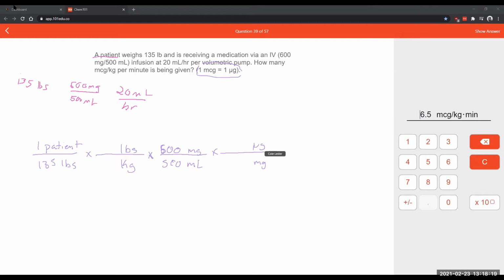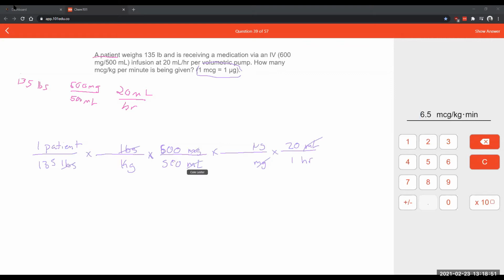And while you're at it, you can just cross out pounds on both sides. And let's see. You can cross out milligrams on each side. Okay. And then you put the last one that they give you, 20 milliliters per hour. So 20 mils. And you can cross out milliliters next to 500.